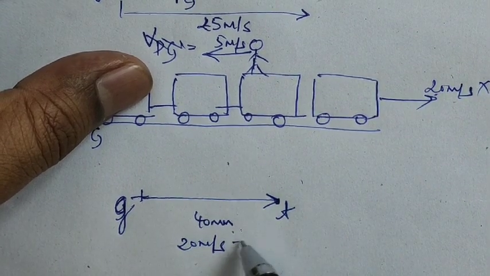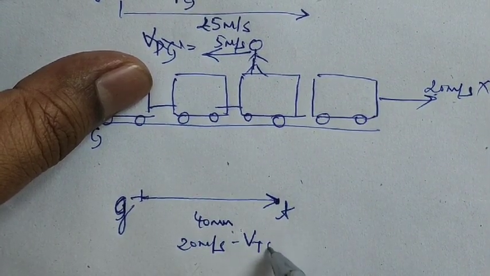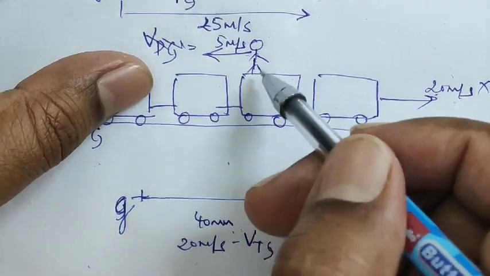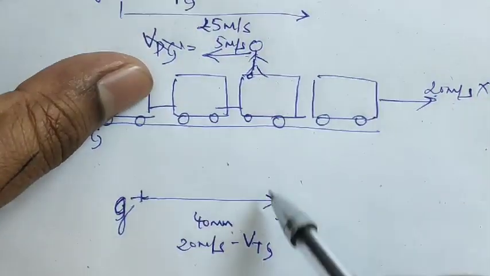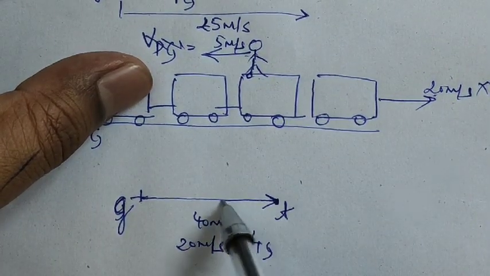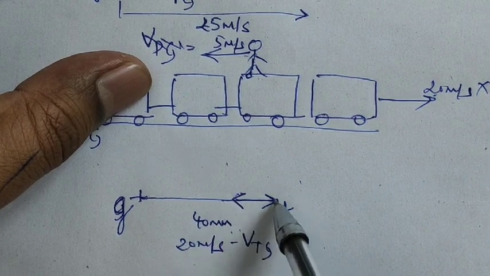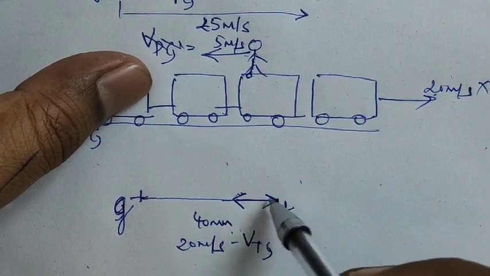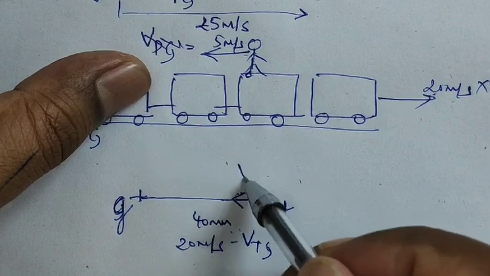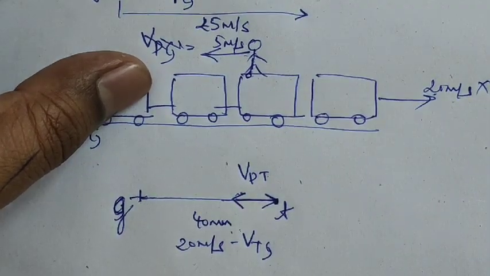So this 20 meters per second is nothing but the velocity of the train with respect to the ground, and the person is running 5 meters per second in the opposite direction. So you need to draw one arrow in the opposite direction. This arrow in the opposite direction is the velocity of the person with respect to the train.